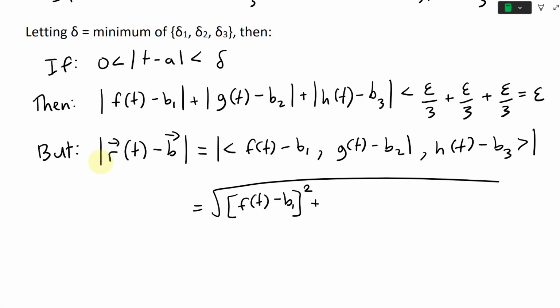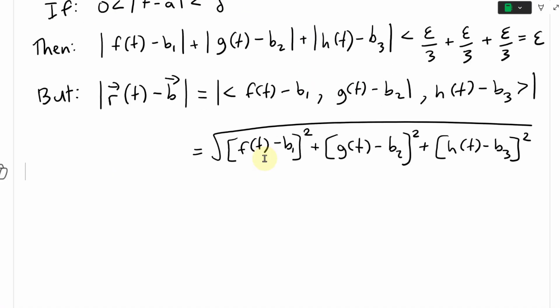Essentially, this is now g of t minus b2 squared plus h of t minus b3 squared, like that.